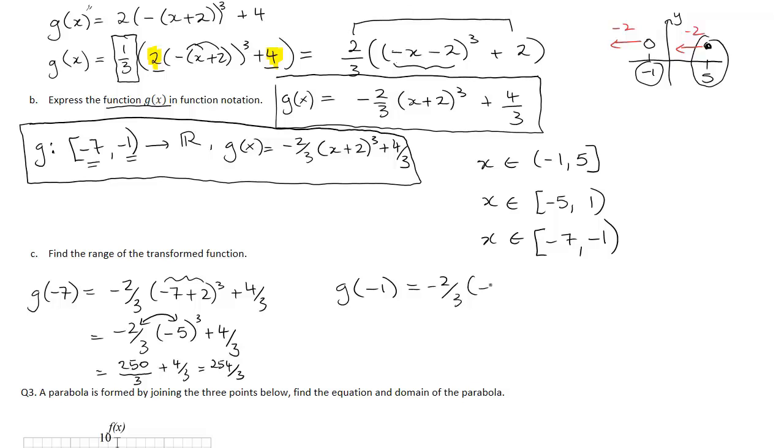And then the other value, g of -1, is going to be equal to -2/3 times (-1 plus 2) cubed plus 4/3. So that's actually -2/3 times 1 to the power of 3 plus 4/3, and that gives us -2/3 plus 4/3, which is only going to be 2/3.